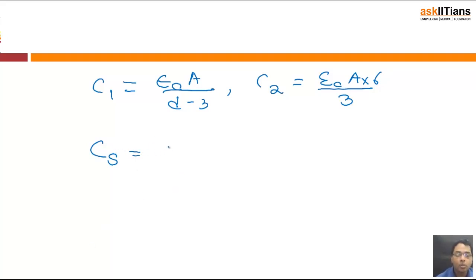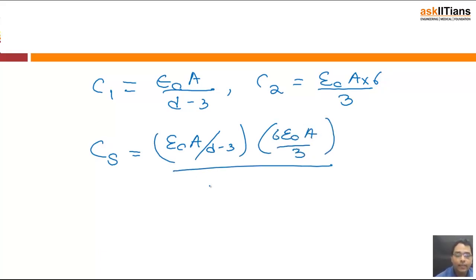Please understand that. So the net of it is given by epsilon naught A divided by D minus 3 into 6 epsilon naught A divided by 3, whole divided by epsilon naught A divided by D minus 3 plus 6 epsilon naught A divided by 3. This gives me the net series capacitance.